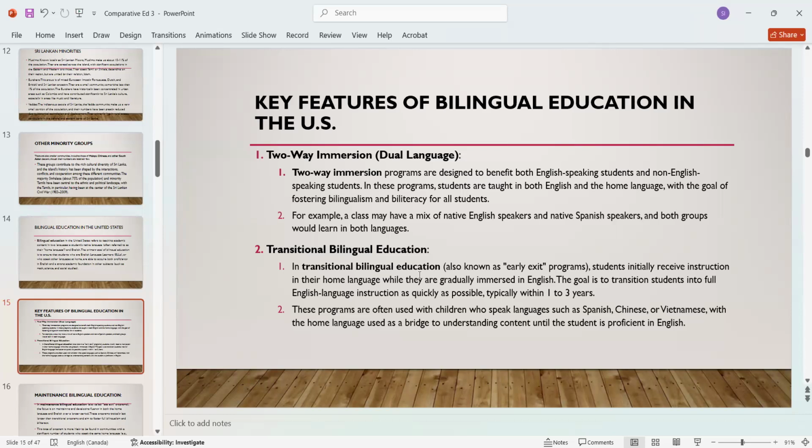Other feature, transitional bilingual education. So in transitional bilingual education, also known as early exit program, students initially receive instruction in their home language while they are gradually immersed in English.